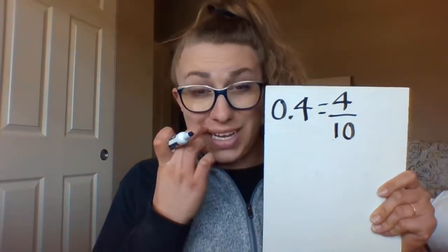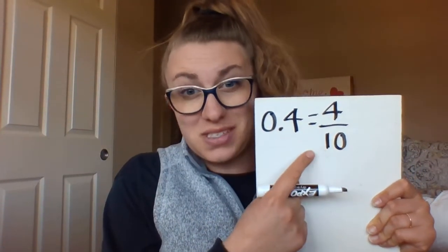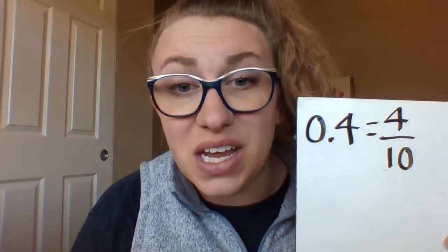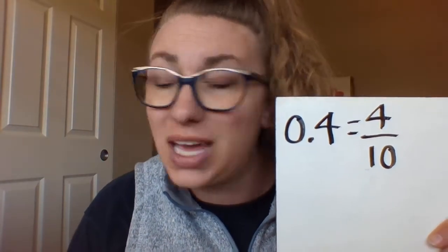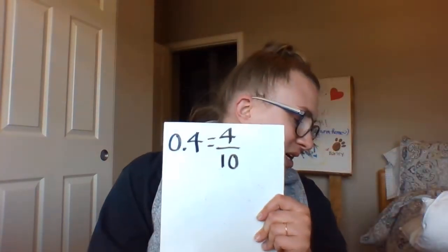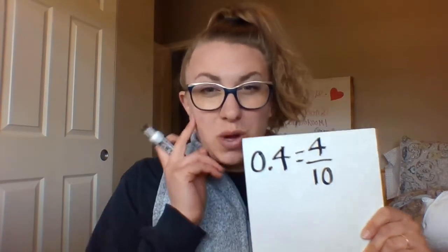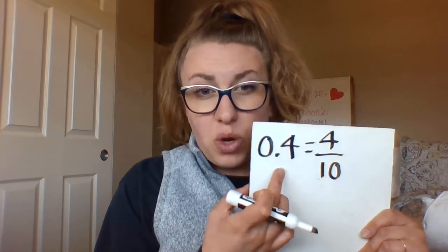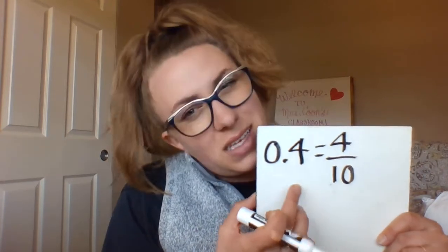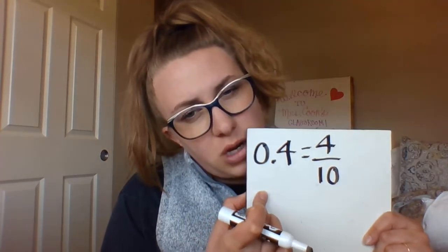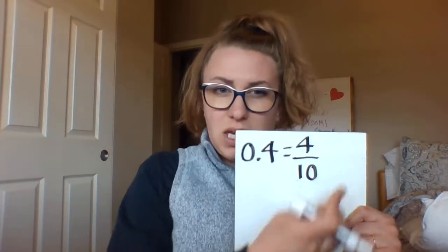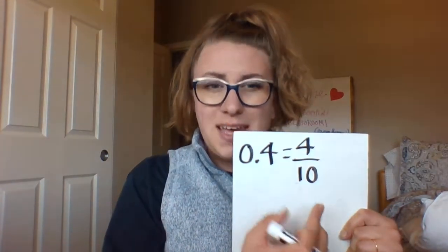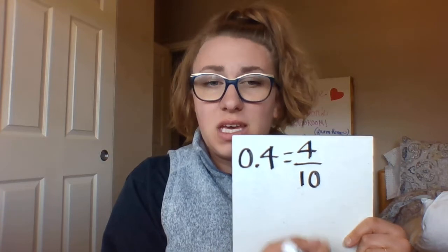0.4 is the same thing as 4/10. Here's the deal with this one though, my friends. I can reduce this down to something simpler. Think back for a moment to when we did our 1/5. 1/5 is the same thing as 0.2, right? Isn't that just half of 0.4? So think about this like we did with our fifths.